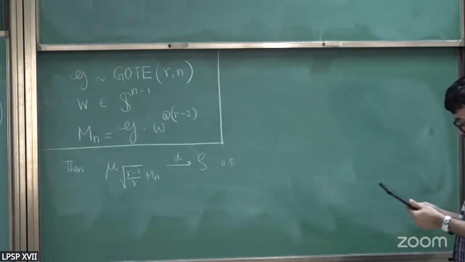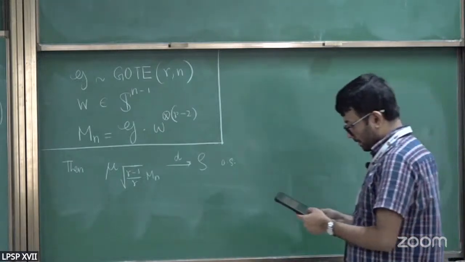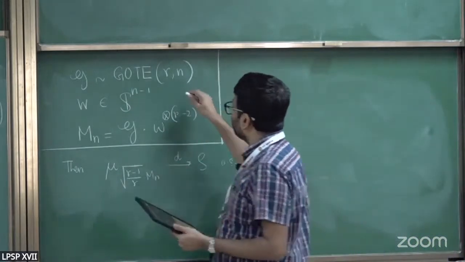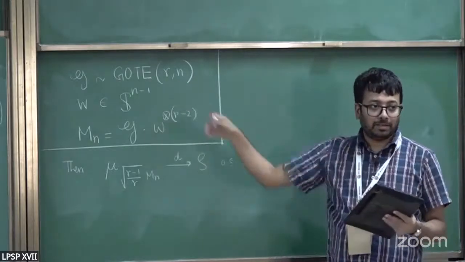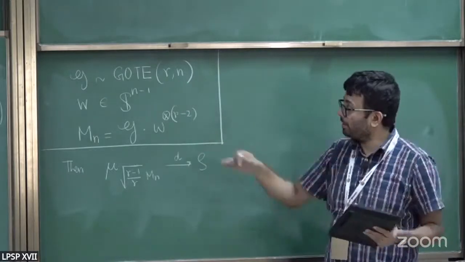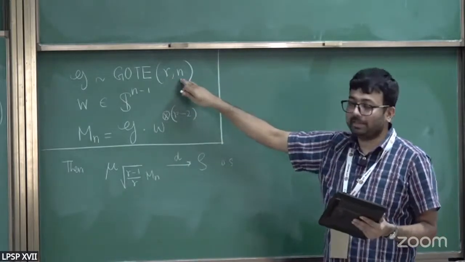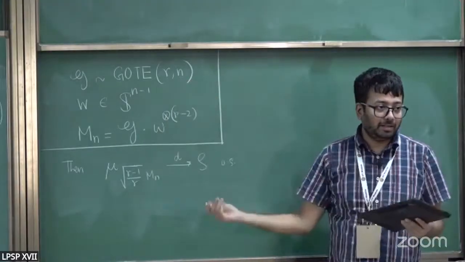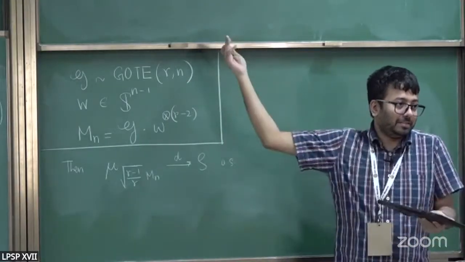For hypergraphs, we had this constraint that R was the order of the hyperedges, so R was necessarily less than N. Here R can be much larger. R can be, for instance, N squared as well, right?